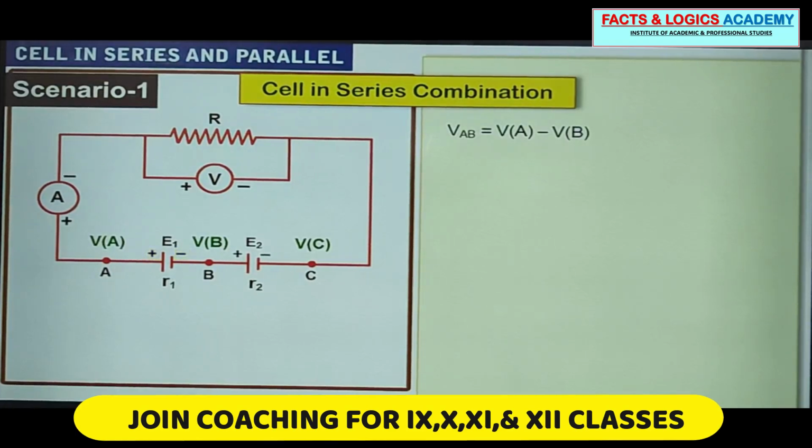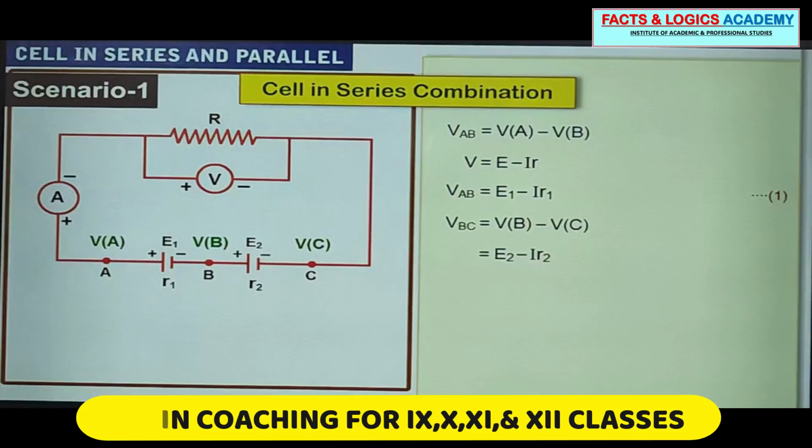We know that terminal voltage V is equal to E minus I into R. Substituting the corresponding expressions of cell 1 in this equation, we can now write VAB is equal to E1 minus I into R1. Let us label this as equation 1. Similarly, for the second cell, we can write VBC is equal to VB minus VC is equal to E2 minus I into R2.